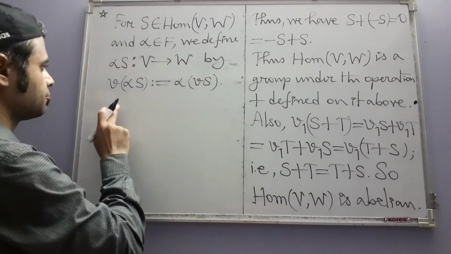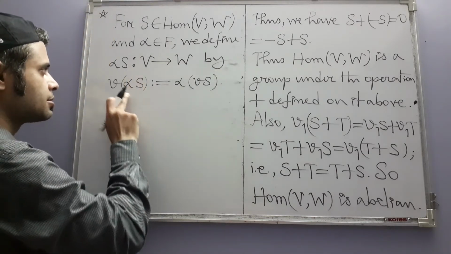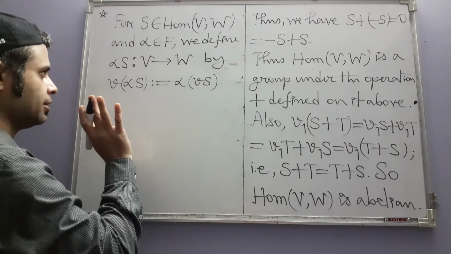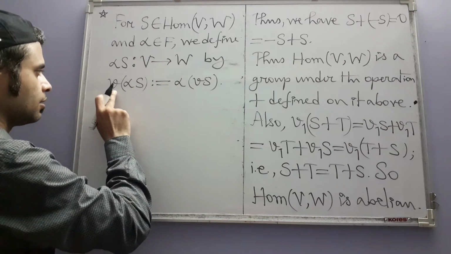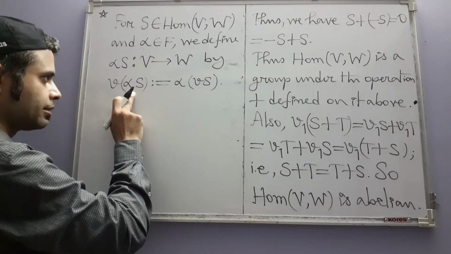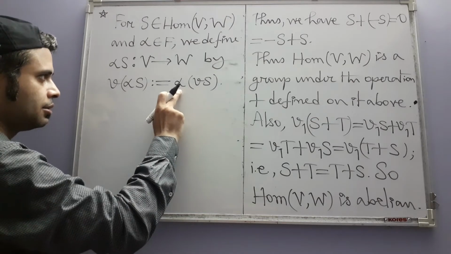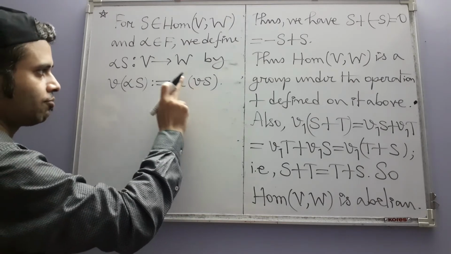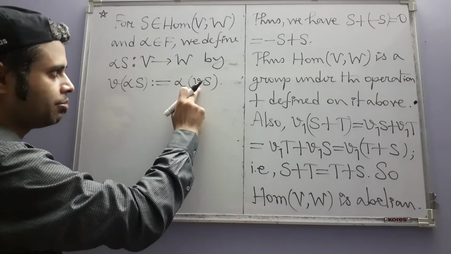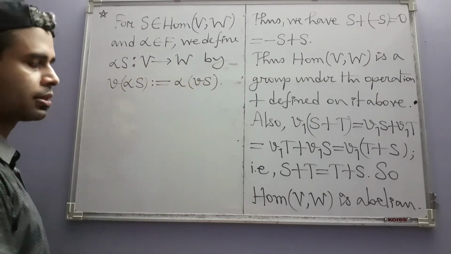Okay, don't get confused. This alpha S is the function we are defining. The image of v under this function is defined to be the scalar multiplication of alpha and the image of v under the original function S.